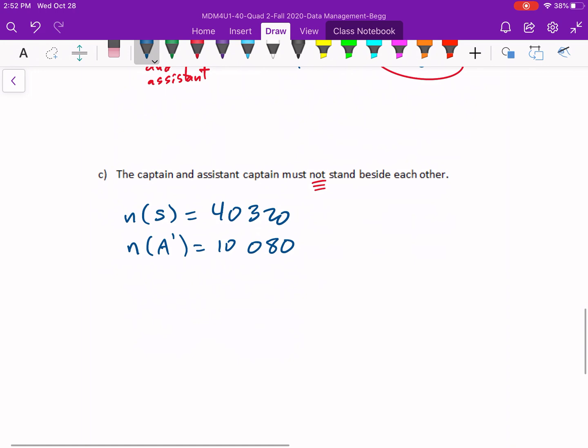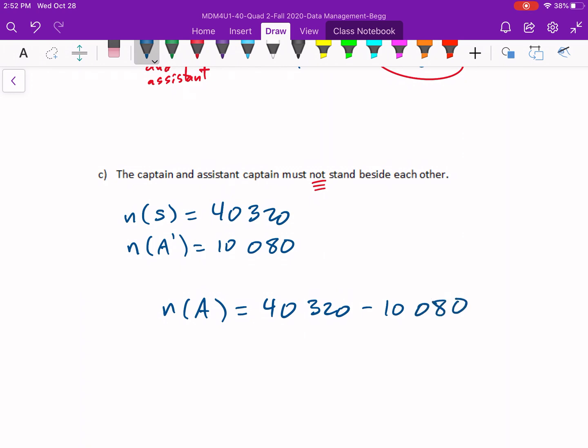So what we do want in this case is the number of ways they can't be together, which is n of s minus n of A prime, and that's all the rest of them. And that works out to be 30,240 ways.